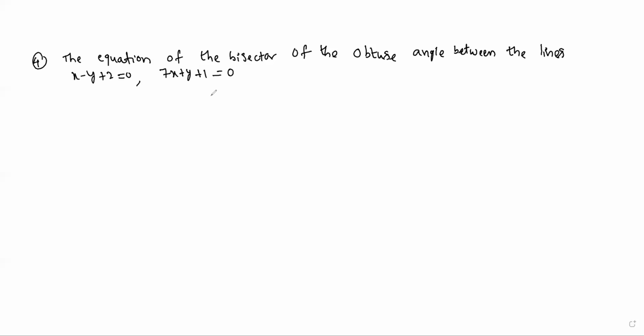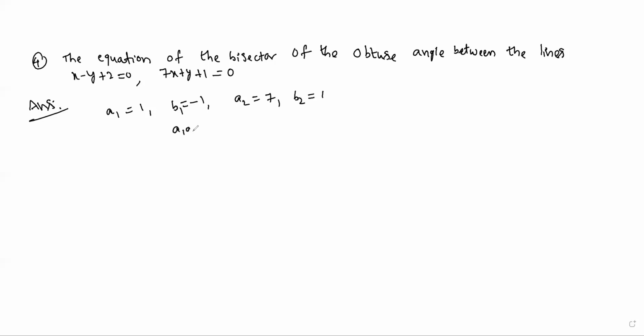Here they're asking for the obtuse angle. Here also we don't know the symbol, whether to take plus or minus. The common formula has plus or minus, but which is suitable we have to decide based on the values of a1, a2 and b1, b2. a1 value 1, b1 value minus 1, a2 value 7, b2 value 1.